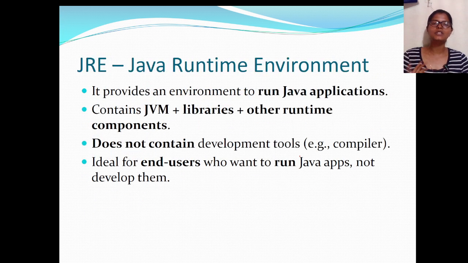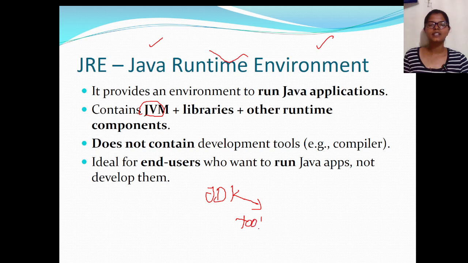Next, JRE. JRE is nothing but Java Runtime Environment. What does it contain? JRE contains JVM plus all the libraries for the runtime environment. JDK includes toolkits plus JRE. JRE includes runtime environment libraries plus JVM.